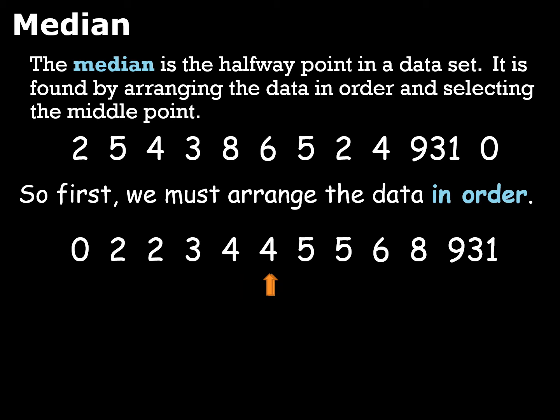It's the middle value, which is 4, which is interesting because we have that huge number at the very top, 931. Notice that the median was not even affected by the fact that we made that large number huge. If the median is the halfway point, really large numbers and really small numbers are not going to influence it, because the median is just the halfway point in the data set.